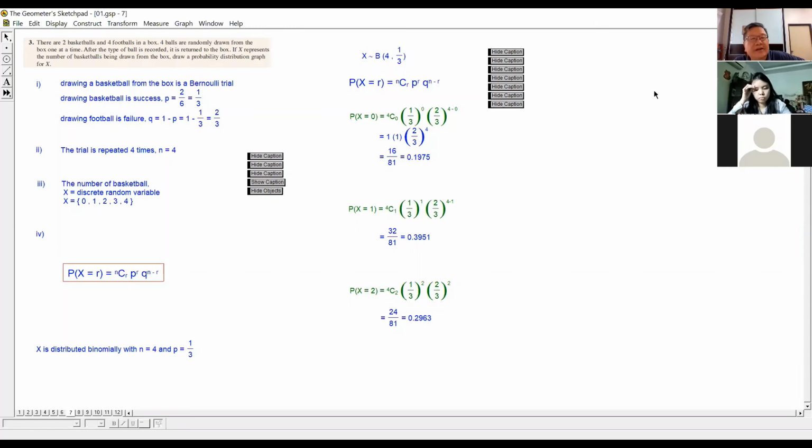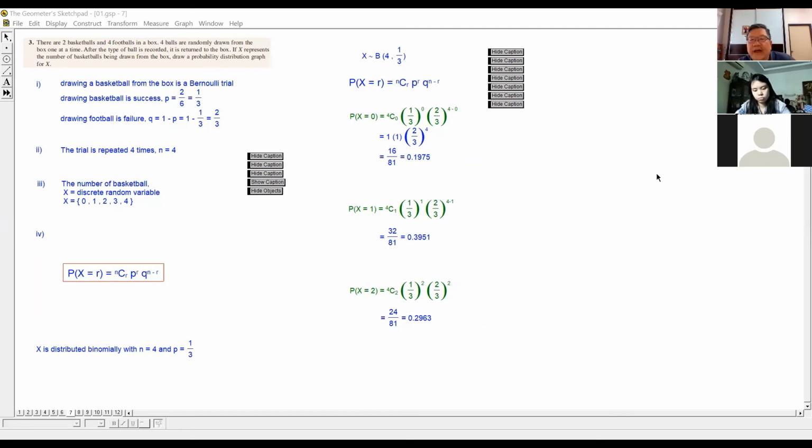Next one is x equals to 3. Can you do it or not? 4 choose 3, type it there on the chat. Correct. Then 1/3 to the power of how many? 1/3 to the power of 3, correct. 2/3 to the power of how many? 1, correct.